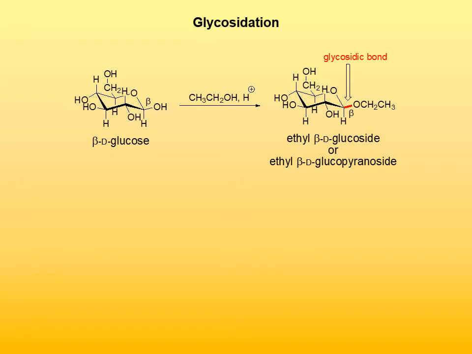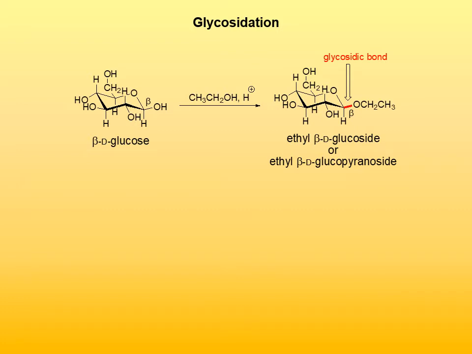An alcohol could be a simple alcohol, as shown here, ethanol, or it could be a more complex alcohol. For example, another monosaccharide is also an alcohol because it has numerous hydroxyl groups. So in a reaction with another alcohol, an acetal or ketal is produced. And that acetal or ketal, in this case, is called a glucoside.